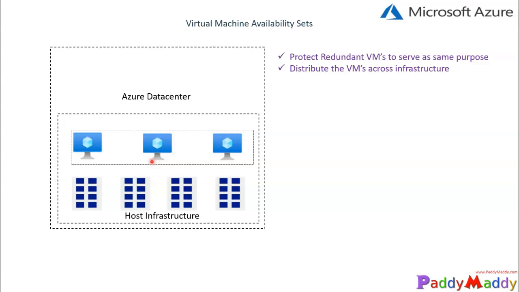Your solution might not be highly available, because even the storage infrastructure, hypervisor, or networking power and so on are not completely highly available, since you're depending on one hypervisor and you have three different virtual machines.